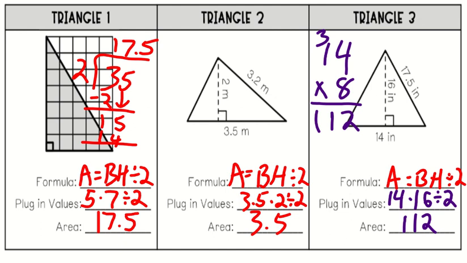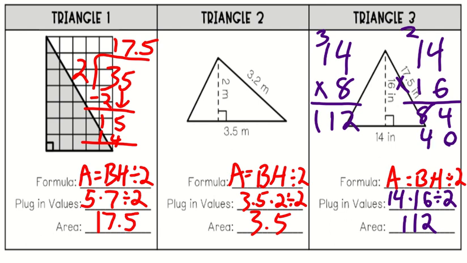If you know what you're doing with your multiplication, you should be able to multiply that out. 14 times 16, and you get your 224, then you have to do your 224 divided by 2, and that gives you 112, okay?